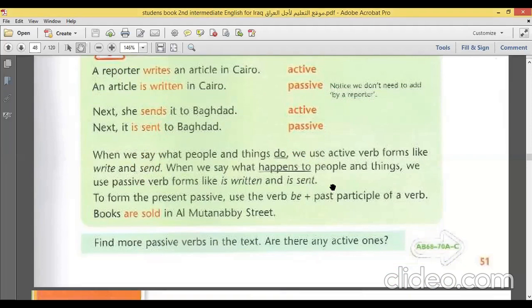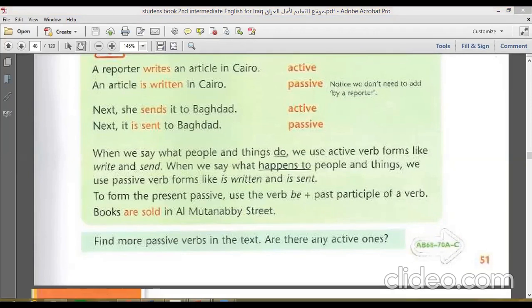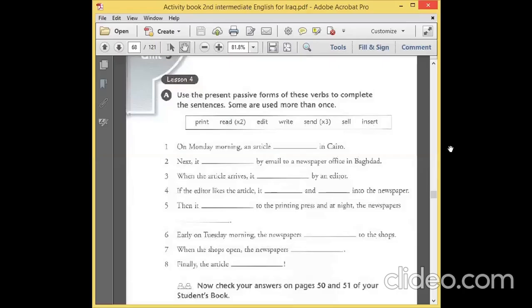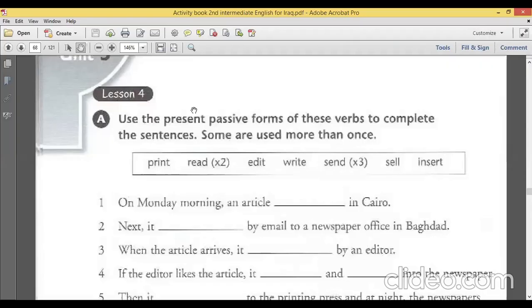Now, all of you have your activity books, okay? So let's move to the activity book on page 68. Come on. Page 68 in your activity book. Okay, we have lesson 4.